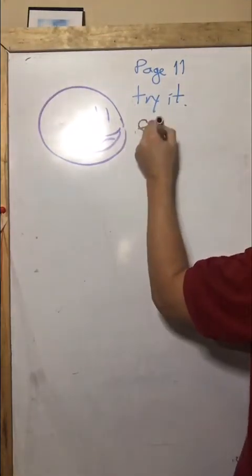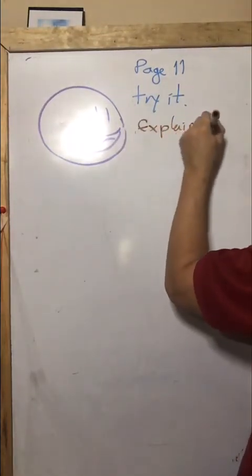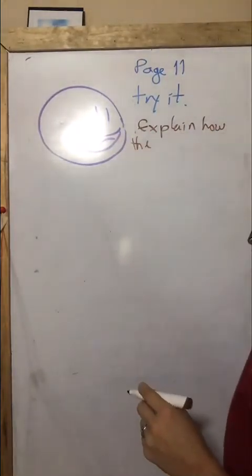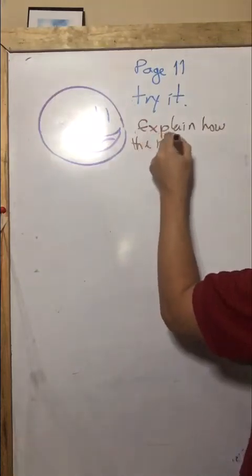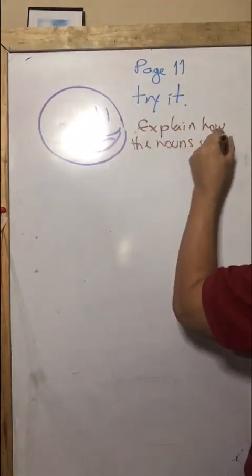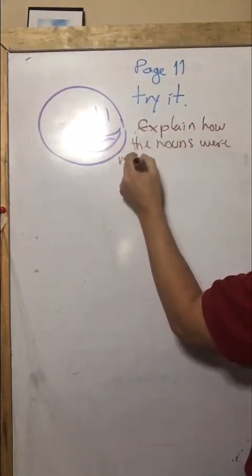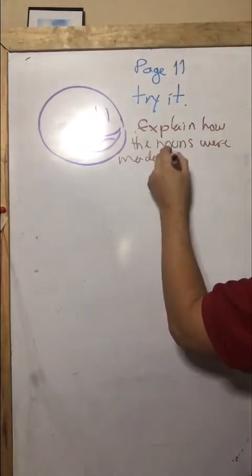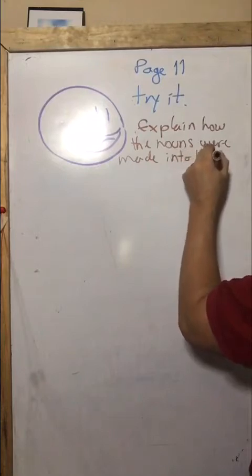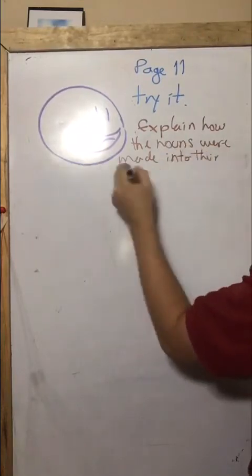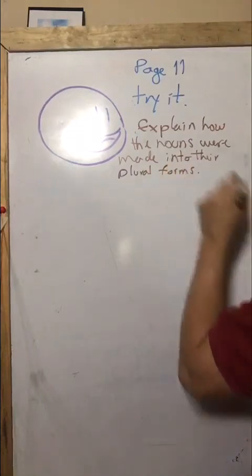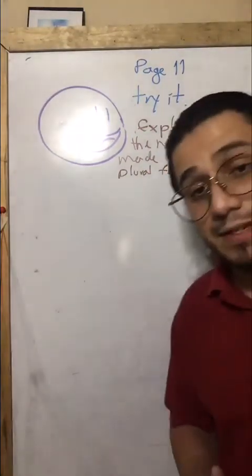So we have in there, explain how the nouns were made into their plural forms. So in here you have to explain the specific rule.